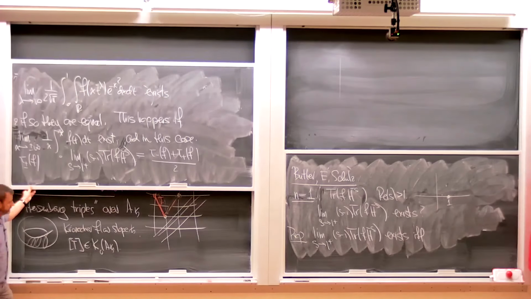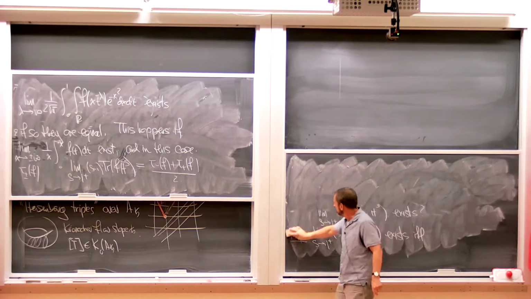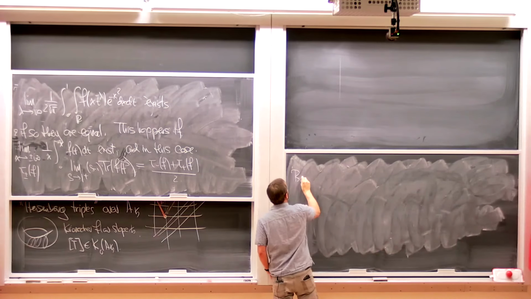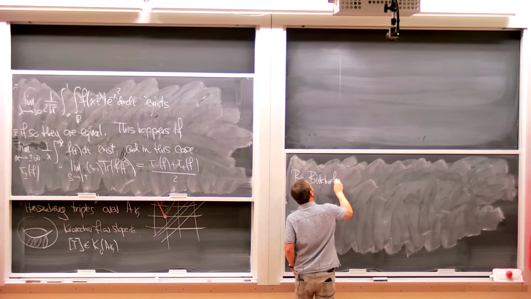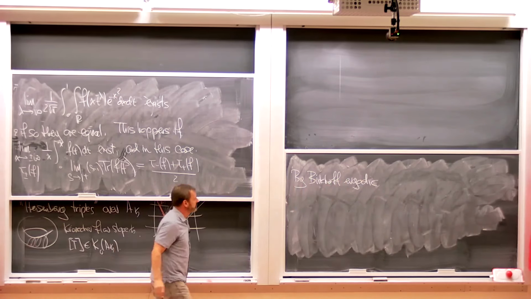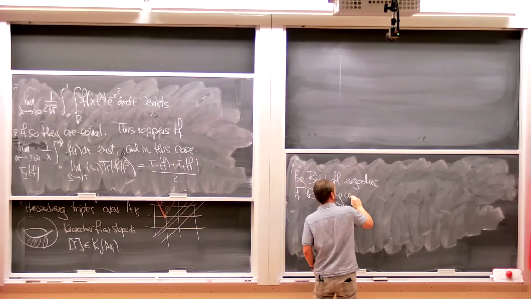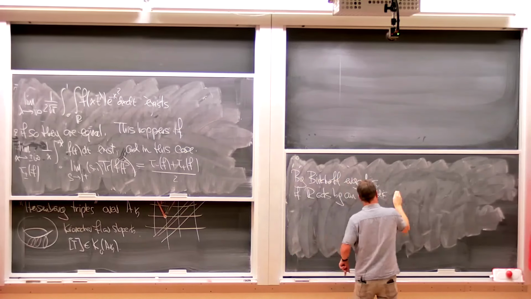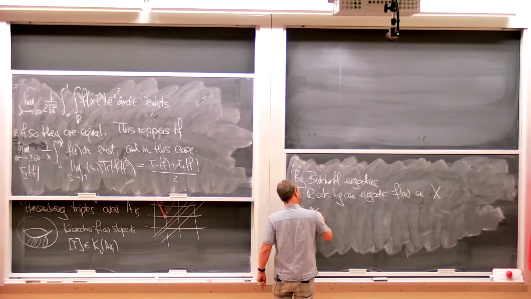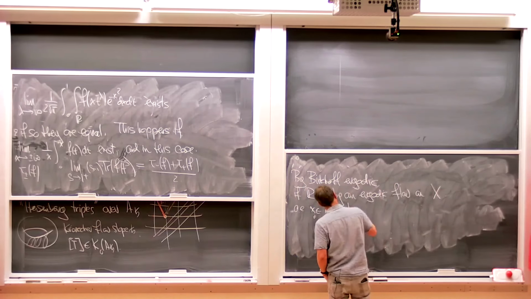Well, that's sort of interesting because this happens a lot in the context of ergodic flows by the Birkhoff ergodic theorem. So if R acts by an ergodic flow on a compact X, then for almost every x, these limits exist.